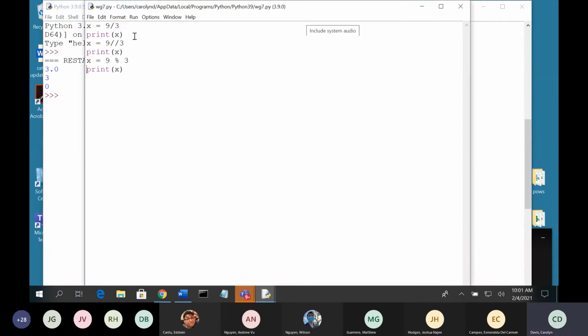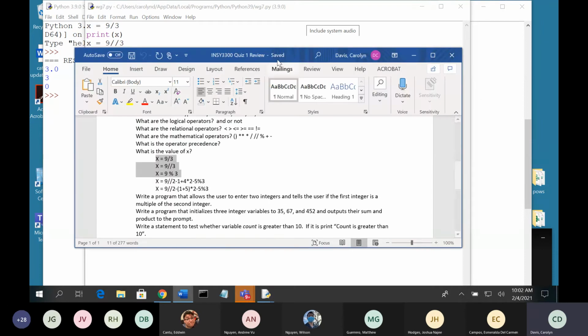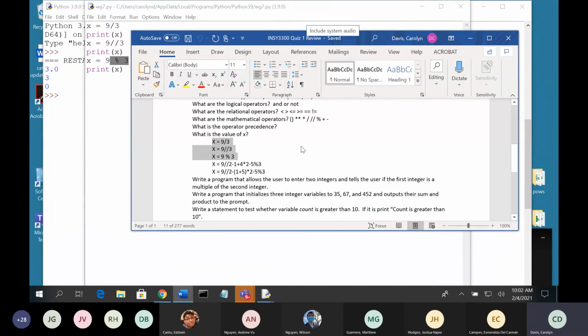We get 3.0, which we expected. We get 3 because that's integer arithmetic, no decimal point. And we get 0 because there's nothing left over after I put 3 into 9. Okay? Now, let's look at these.